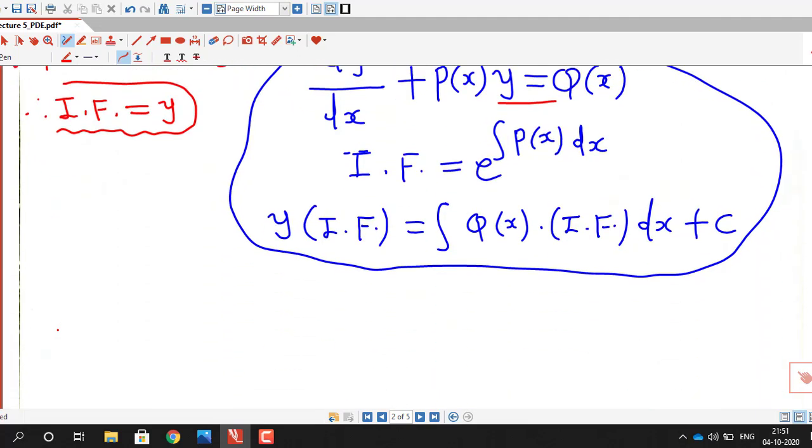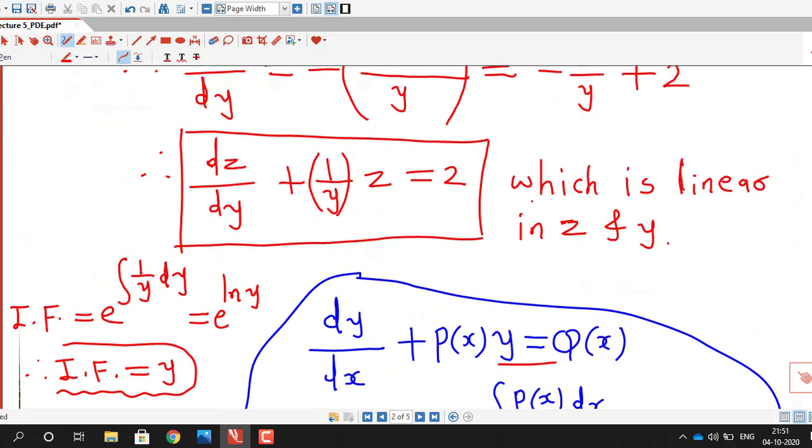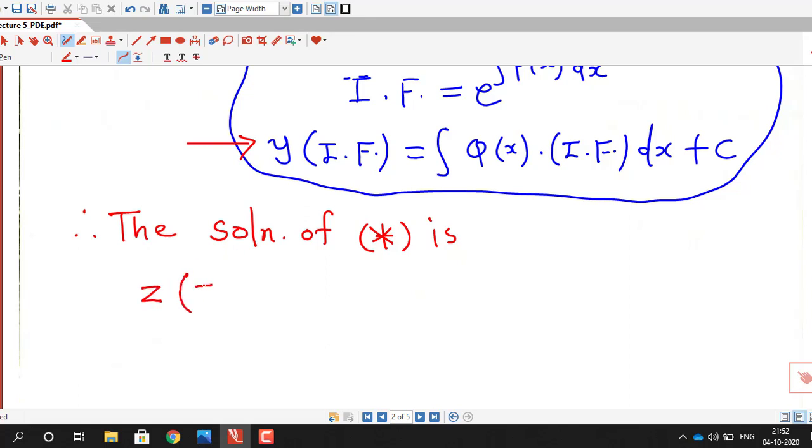And the general solution of this equation, we can denote this equation by star. So the solution of equation star is, if you compare with the standard form, here y is the dependent variable, in equation star z is the dependent variable.